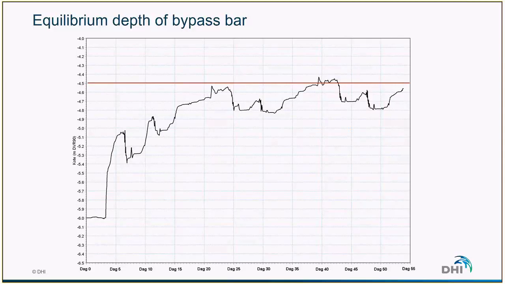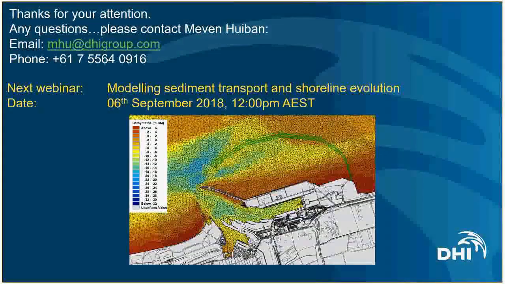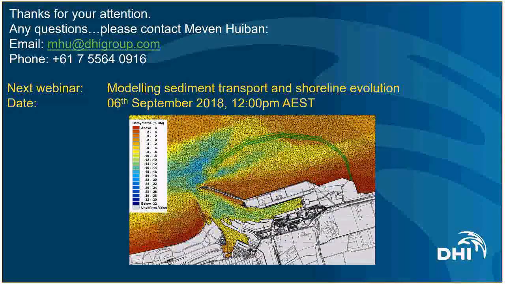So that was pretty interesting, but in the end, as they decided to increase the navigation depth, they still have to conduct some maintenance dredging in order to remove some of the sand, because the bypass bar is not deep enough. And this is a picture of the constructed harbor, which works pretty well now, and the port is very happy with it.